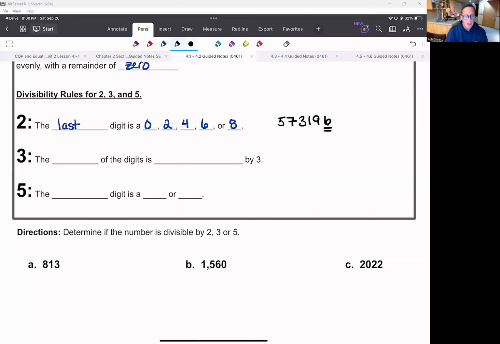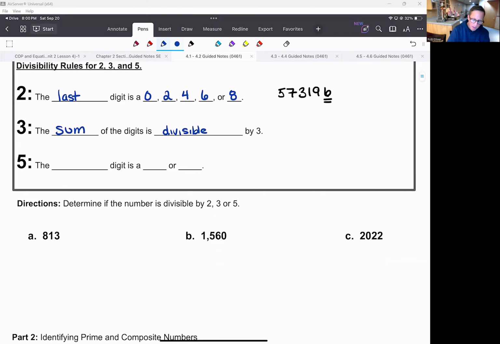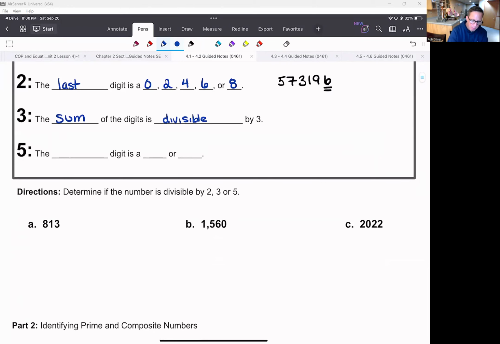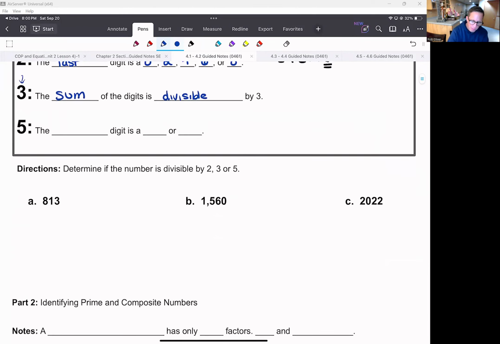The rule for 3 is the sum of the digits. That means when you add them up, the sum of the digits is divisible by 3. We'll get to that rule for 3 in just a moment. And the rule for 5 is the last digit, kind of like the rule for 2, but the final digit is a 0 or 5.